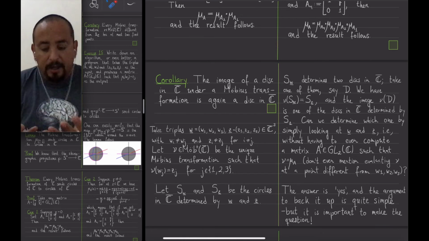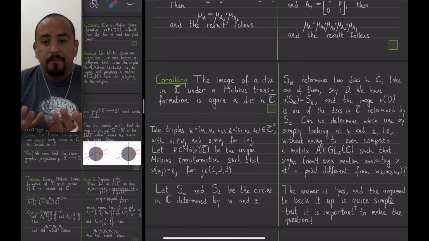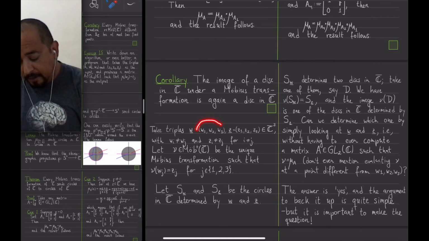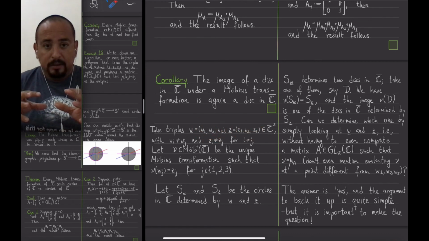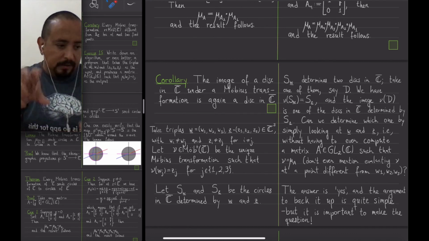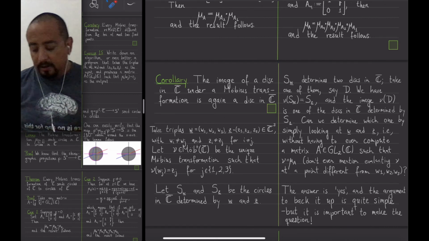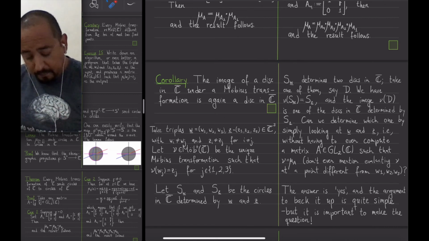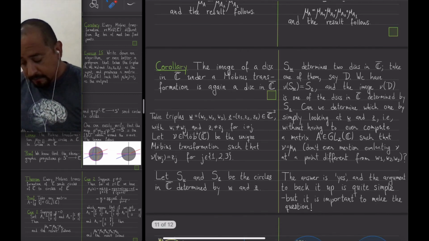Just by looking at how the two triples are configured in C bar, just from that, this disk has to go to this disk and this other one to this other one. Okay, so let's do that analysis.